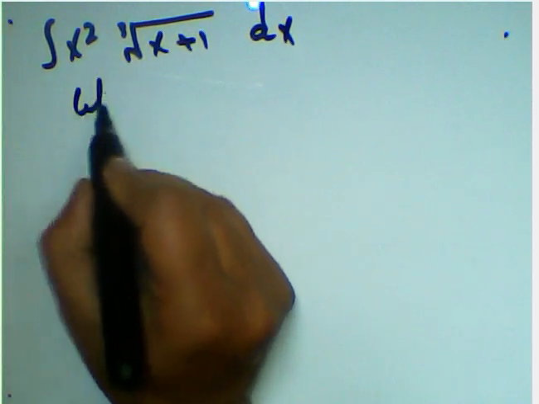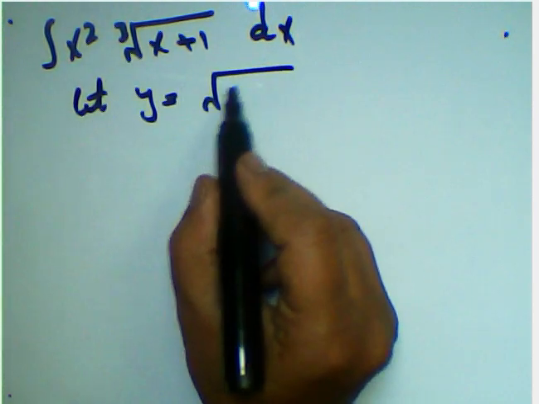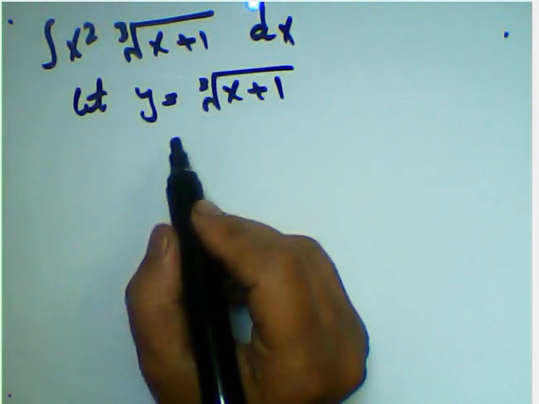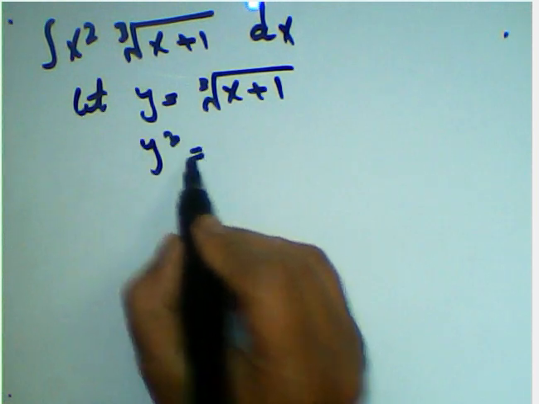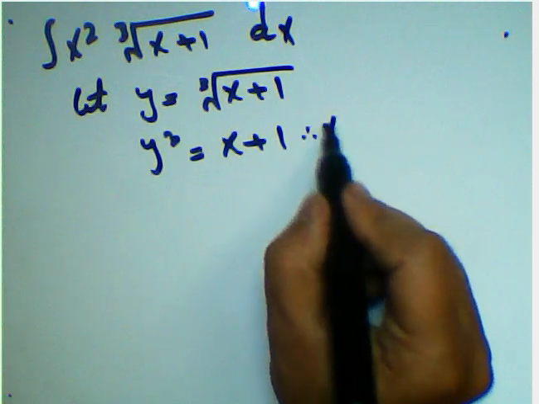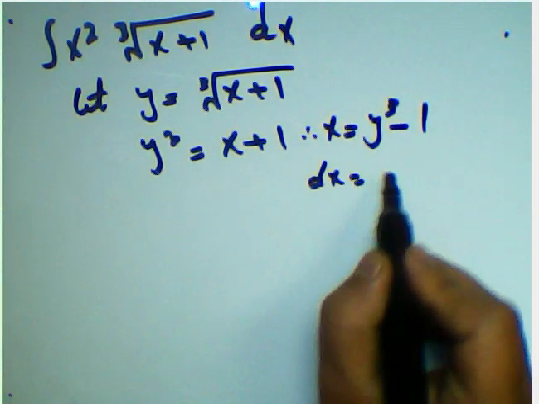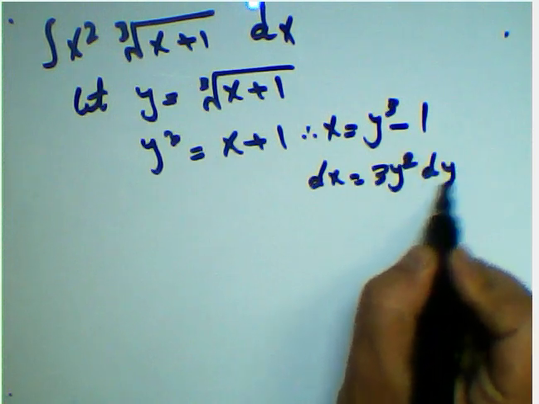Okay, let y be equal to this function, cubic root of x plus 1, then y power 3 will be x plus 1, then x will be y power 3 minus 1, then dx equals 3y power 2 dy.